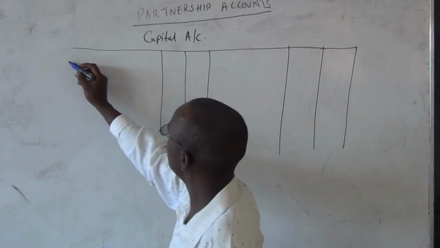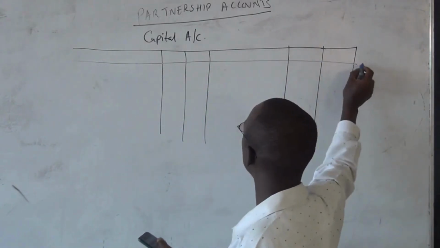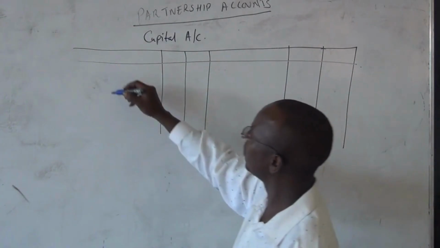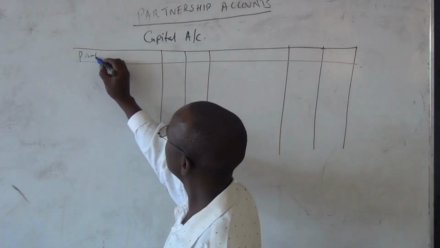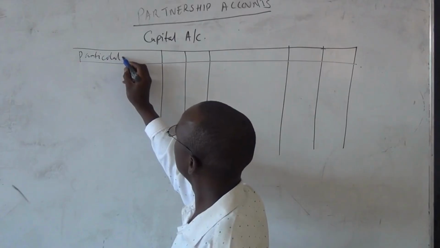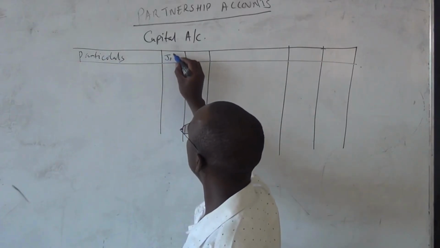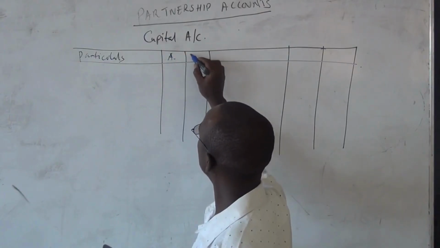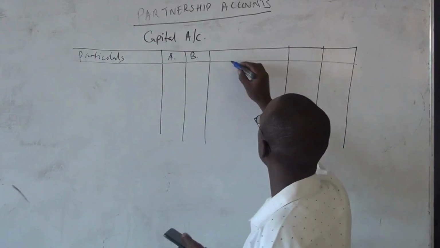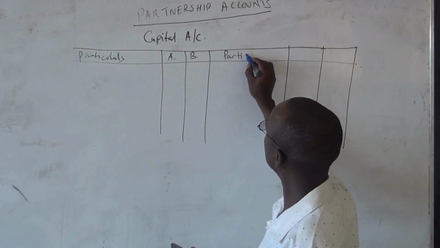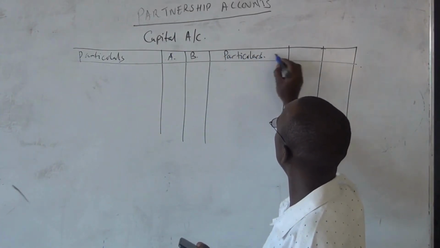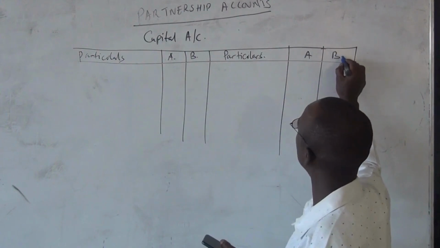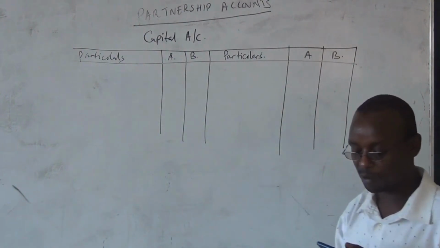So this is a case of two partners. Okay? This is particulars. Maybe you have partner A and partner B. Particulars, partner A and partner B. That is the capital account.